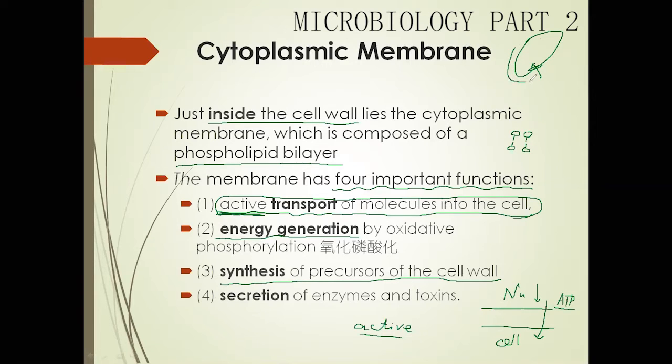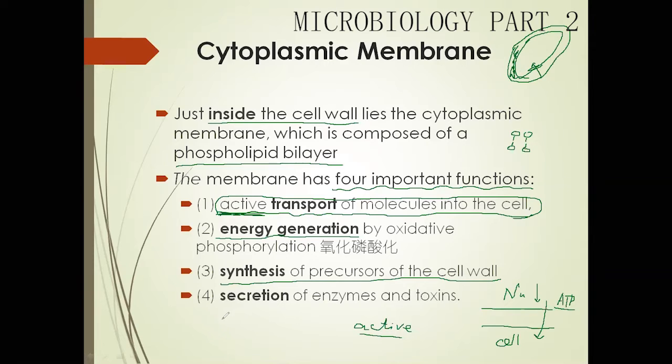We say cell wall covers the plasma membrane, but it needs maintenance and is formed by the plasma membrane. When we talked about the cell wall, we didn't talk about too many functions, just the maintenance of the cell shape here, the bacterial cell shape.